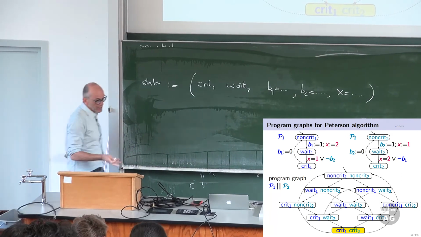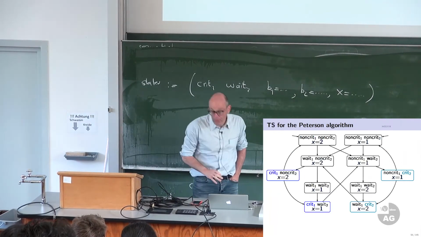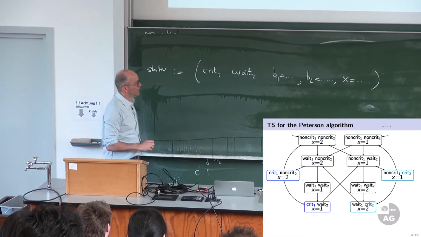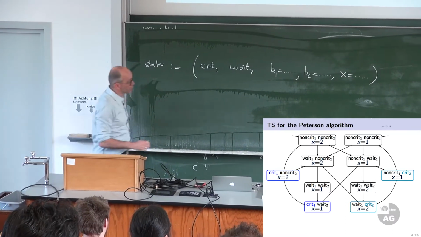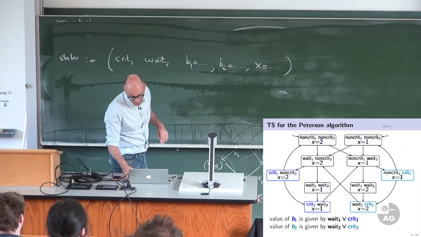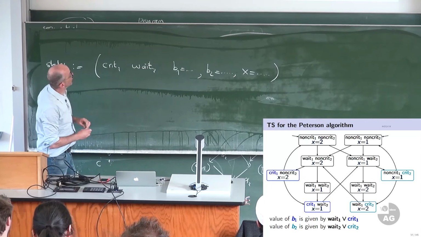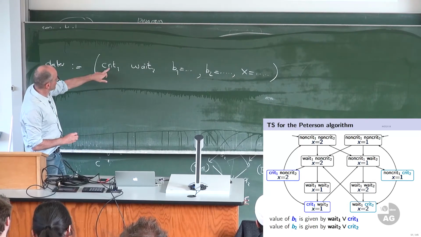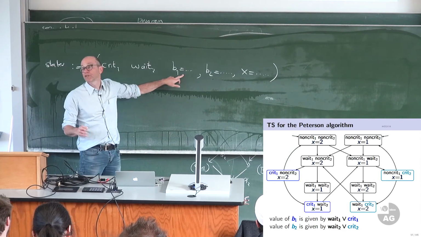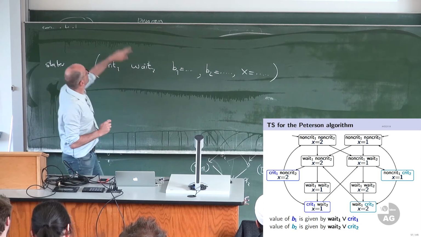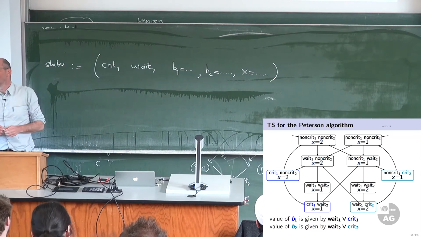Now if you look at my next slide, you don't see those 5 components, you only see 3. Yeah, and why is this? This is because actually you can read the value of B1 and B2 from the other components. So B1 is given by wait 1 or crit 1. So if this is wait 1 or crit 1, B1 is 1, otherwise it's 0. Similarly for B2, B2 is equivalent to wait 2 or crit 2.